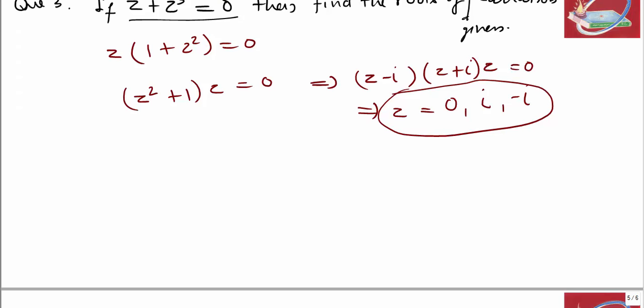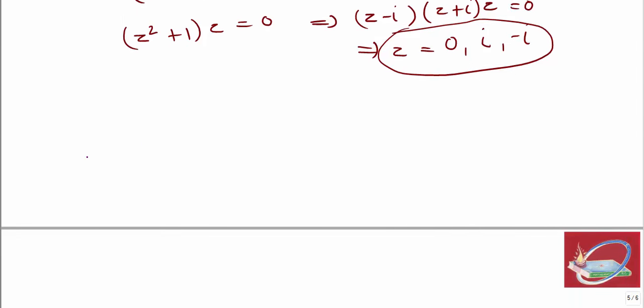Solve another question. We have another question, question number 4. Solve it before watching the answer. Question number 4.